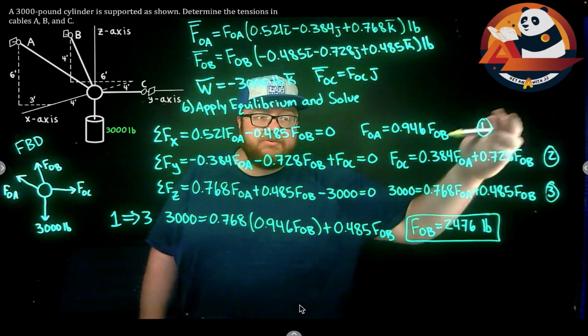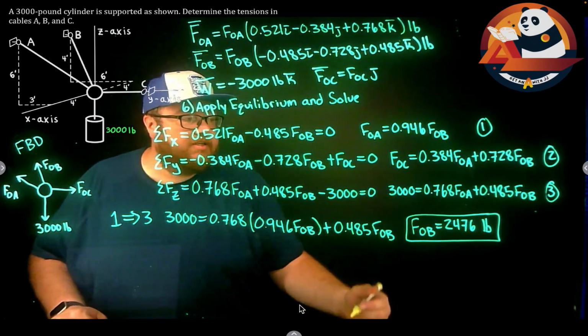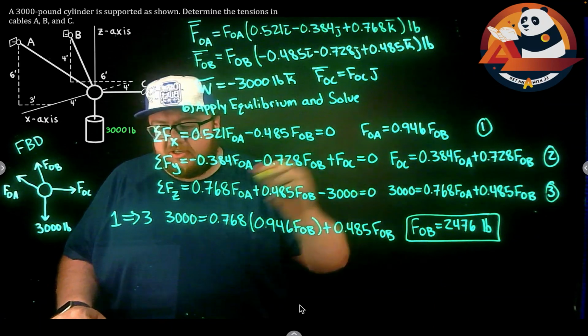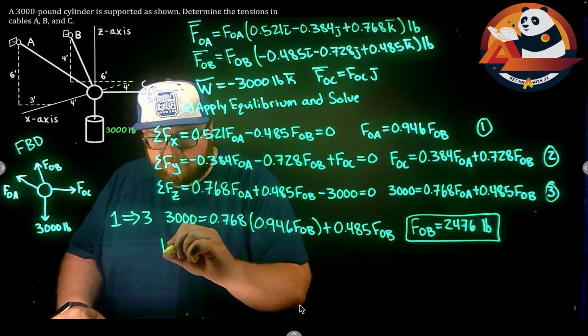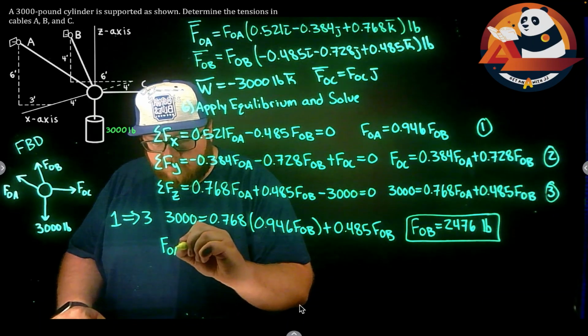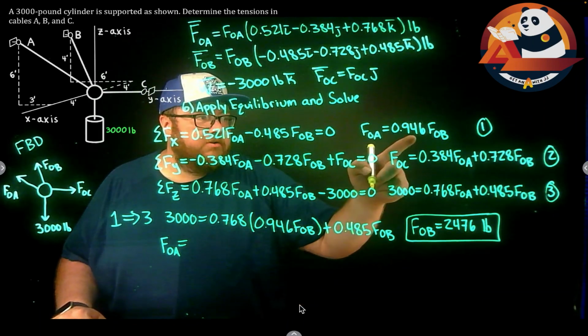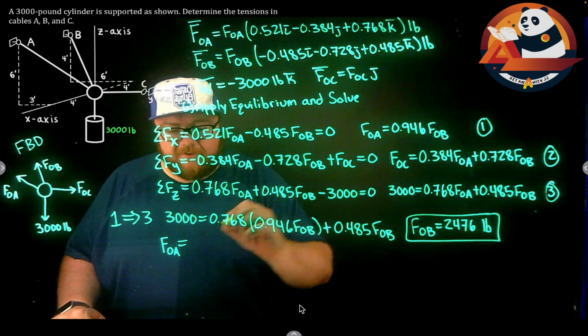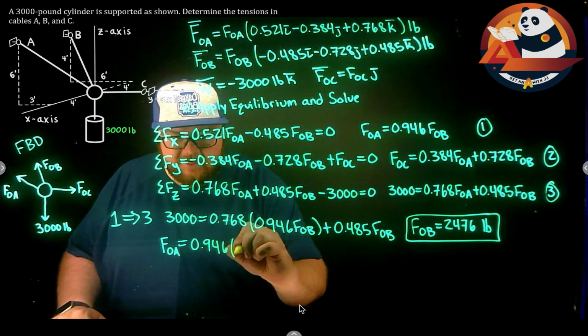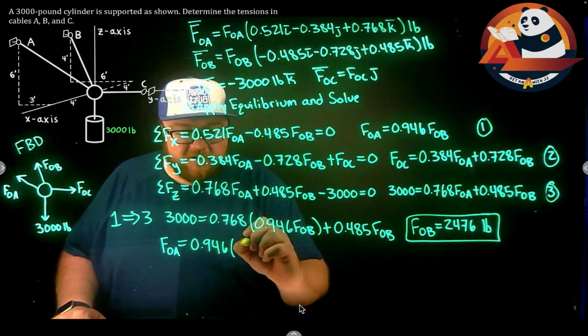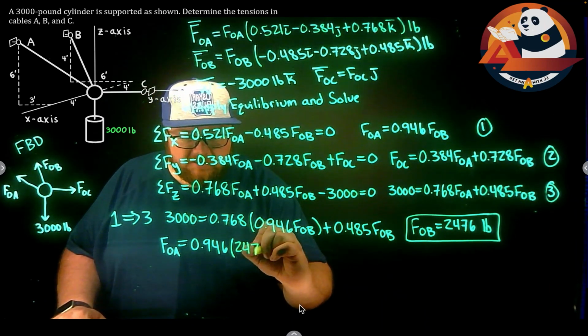And then really it's just substituting back into previous equations. If I have this one found, let's just substitute into equation 1. FOA is equal to 0.946 times FOB, which we just found, 2,476.